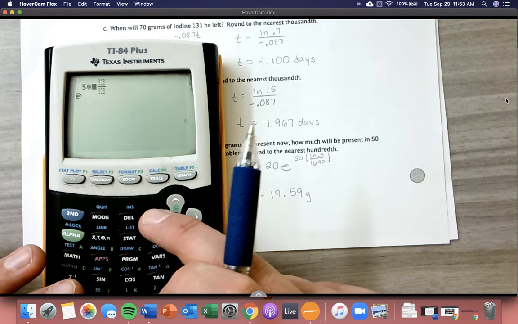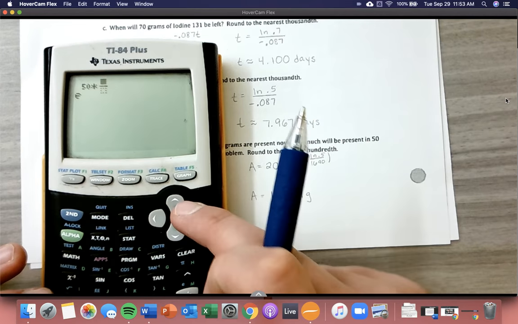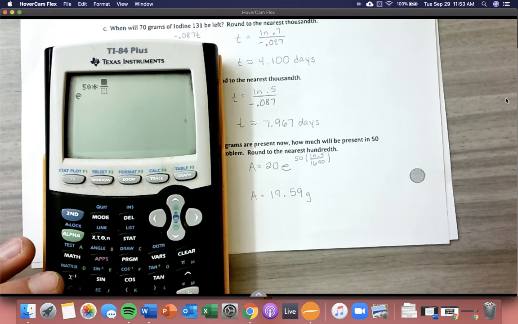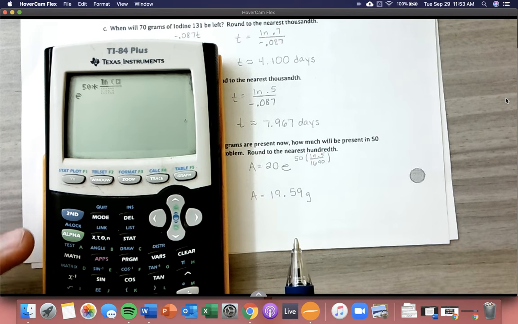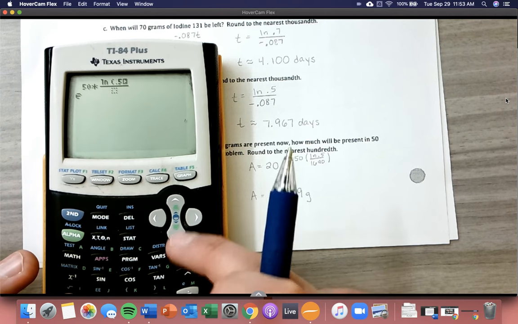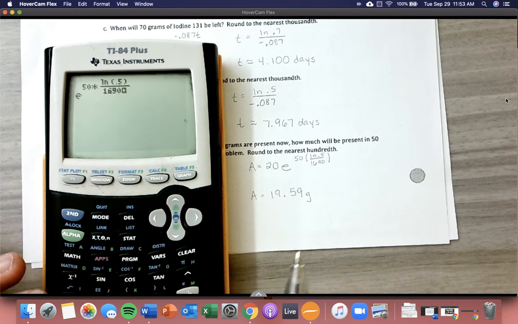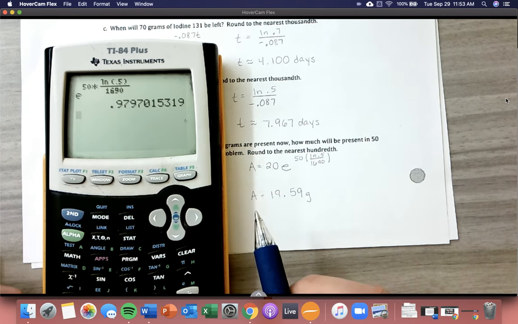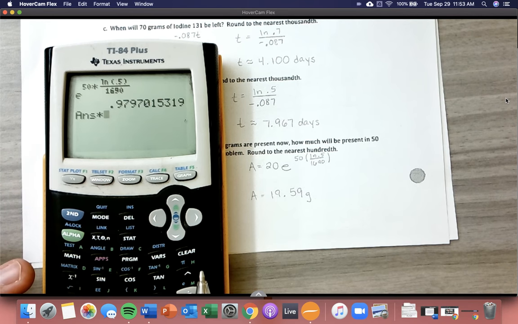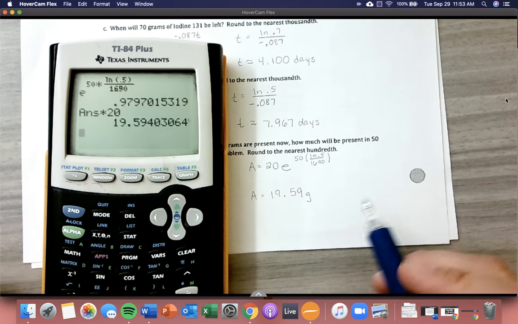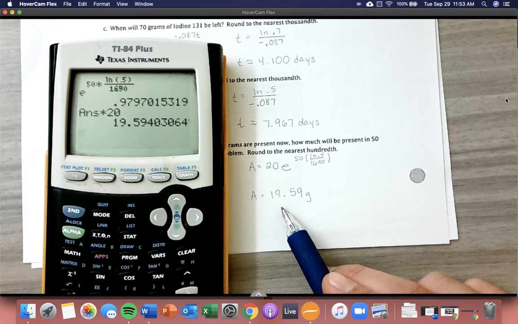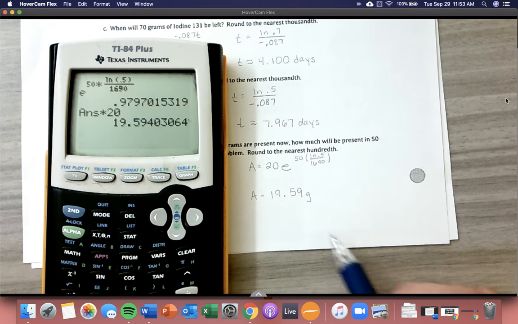Yeah, this is supposed to be times, not minus. 50 times the natural log of 0.5 all over 1,690. Okay, and we get this long decimal here, but that's okay because we're just going to multiply it by 20. And we end up getting just about 19.59 grams.